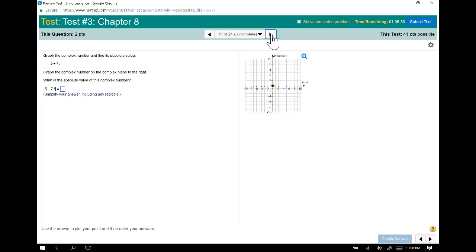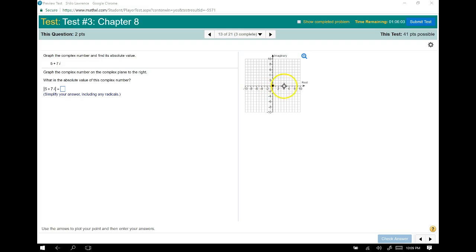Graph the complex number. Remember, the real part is the x and the imaginary part is the y. Those absolute values around the complex number want to know the r value for the complex number. It's the r value that we find when we do trigonometric notation. They want to know how far that point is from the origin.